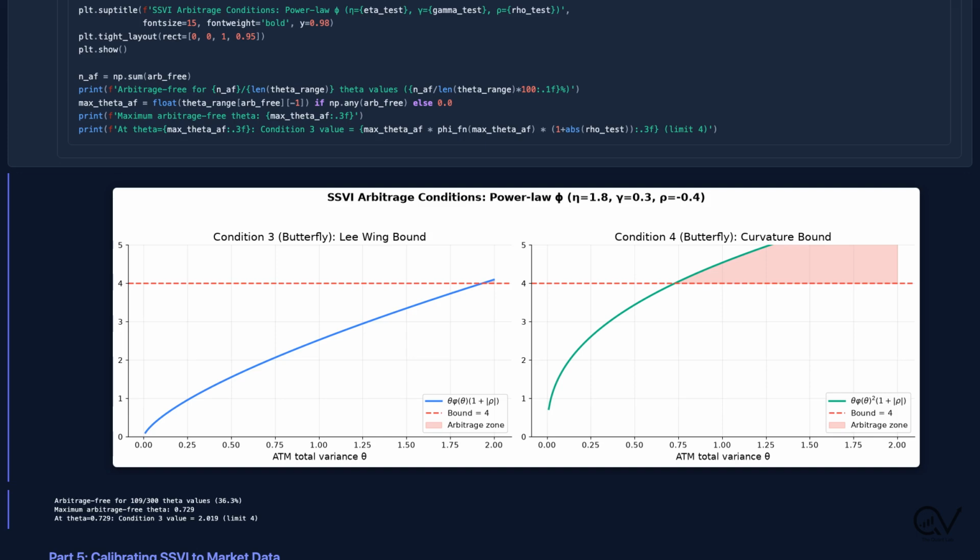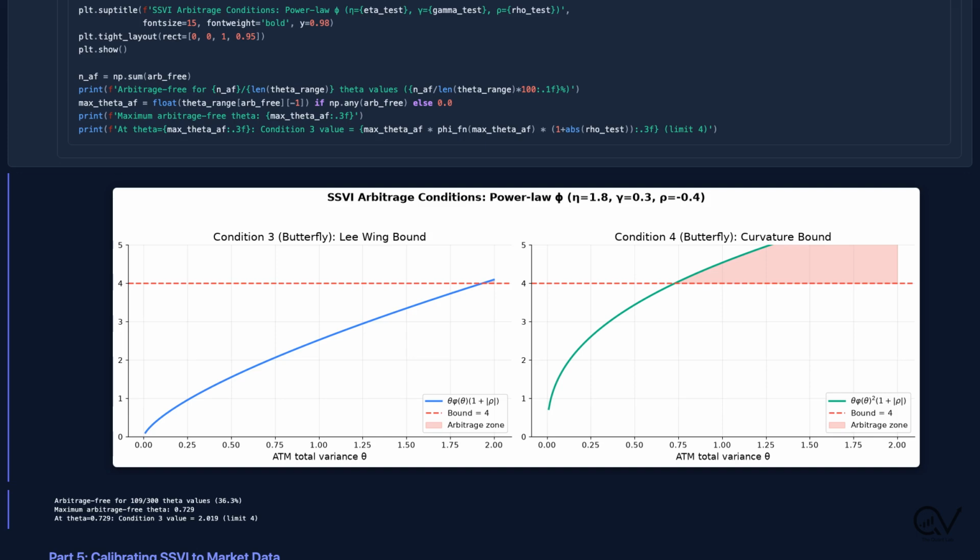As theta grows, the product increases because phi grows as theta decreases with gamma equal to 1/2. Eventually, the product crosses 4 and we enter the arbitrage zone shown in red. This tells us the maximum ATM variance for which this power law parameterization is guaranteed arbitrage-free.